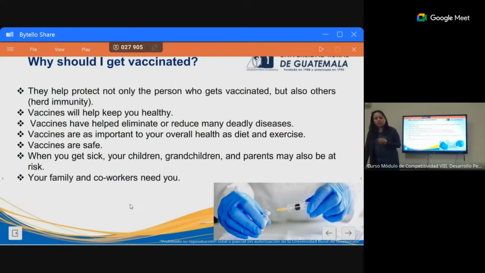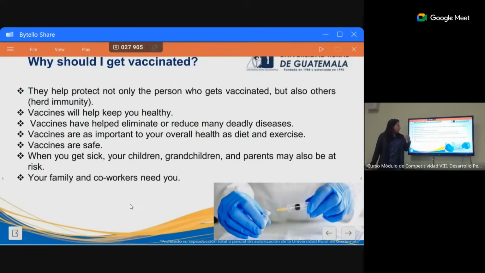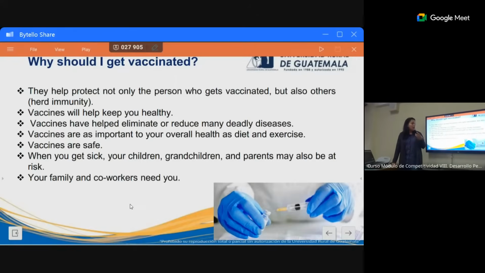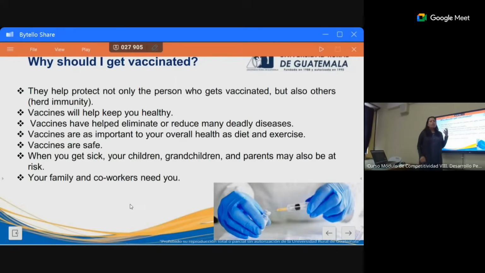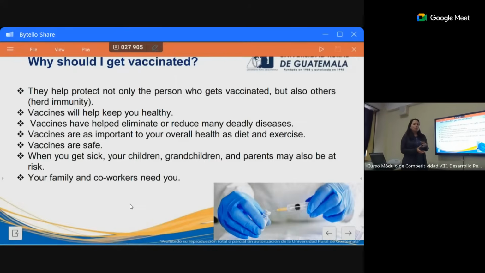Unfortunately, a lot of people passed away because before vaccines, people started getting administered these types of vaccines. People unfortunately died. So they are really safe. That's why we really need to trust those professionals who have taken a lot of time doing all those types of research. When you get sick, your children, grandchildren, and parents may also be at risk.